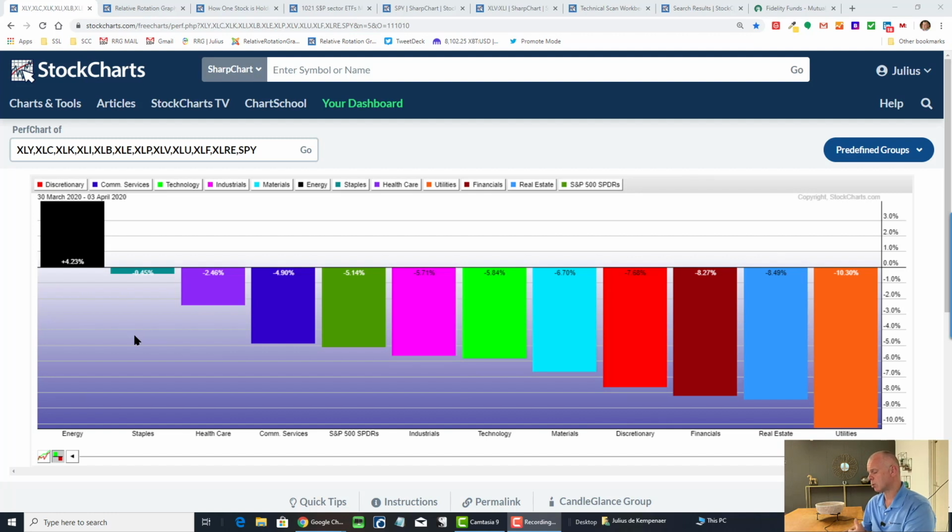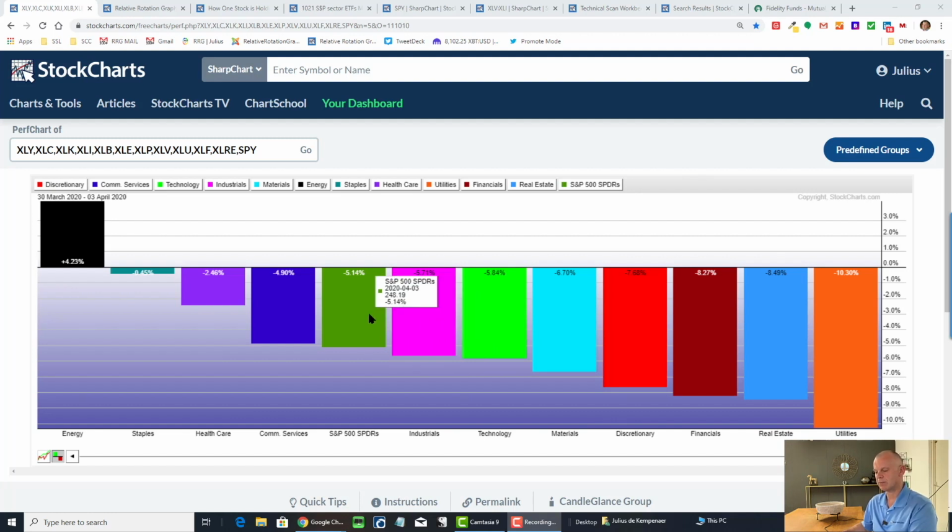But on the other hand, I also wouldn't expect utilities to go down 10% in a week. So we've got utilities over 10%, real estate was very bad, financials not very strong, discretionary minus 7.7 around that, materials, technology wasn't able to keep up this week, so we'll see how that goes on the RRG and the monthly chart. Industrials weak in line with the market.